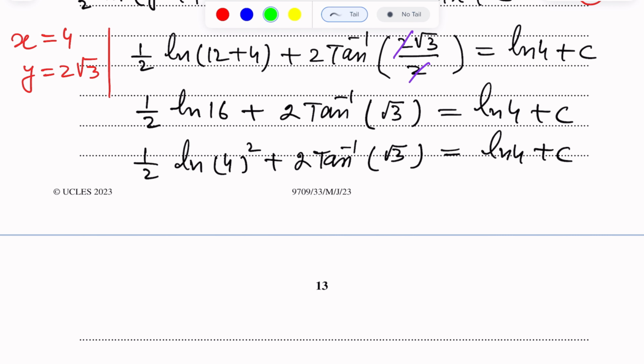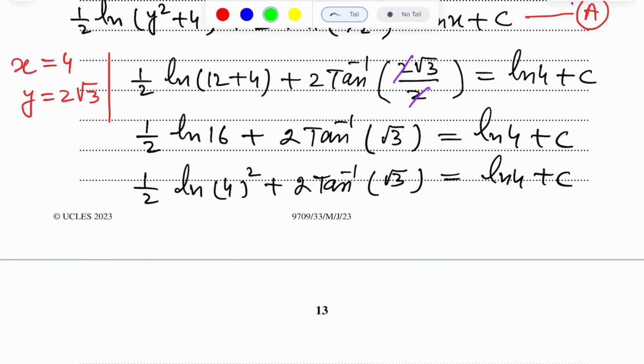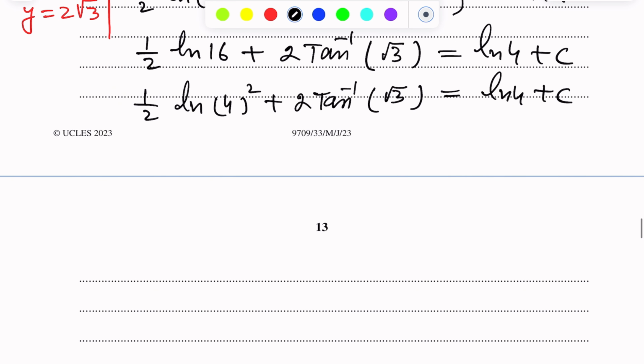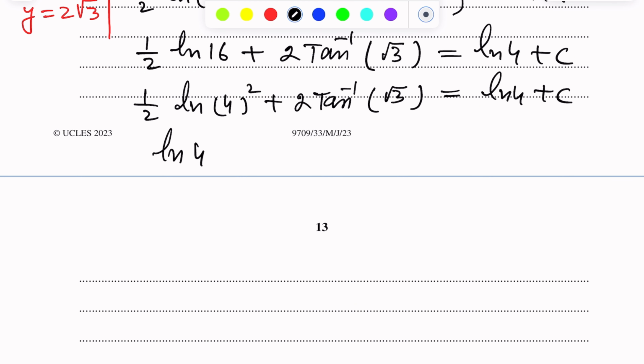Using the log property, this 2, that is the power, will come down in the start of the log. This becomes 2 over 2, that is 1, so we will write log 4.